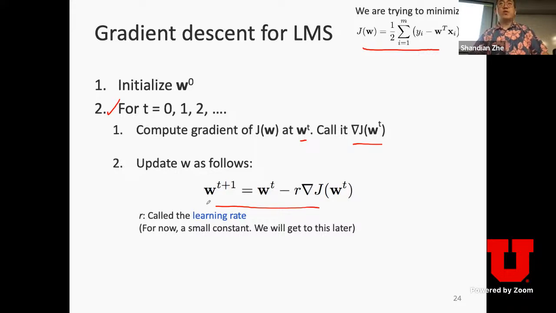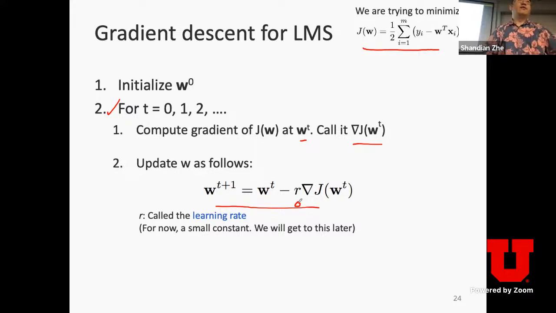So you see wt plus 1 is calculated by subtracting from wt the gradient with respect to wt times a small positive number r. This r is called the learning rate. It determines how much you move along the opposite direction of the gradient.